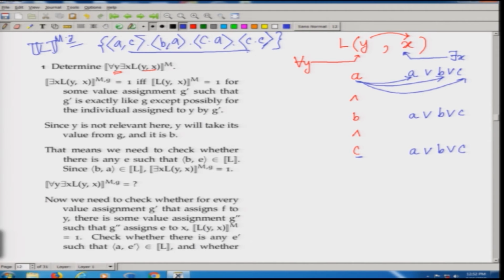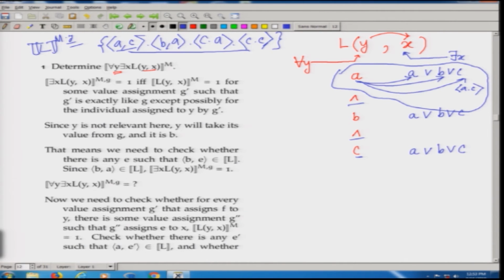Now what is the checking? This should be an and. That means we have to check it for all three, A, B and C. The first member is A, so we need to find all three. So yes, we find AC, so one part is satisfied.